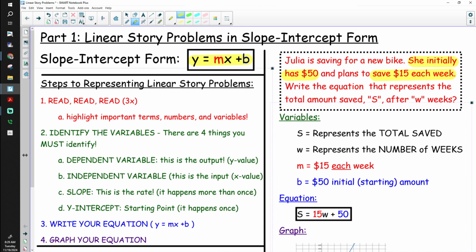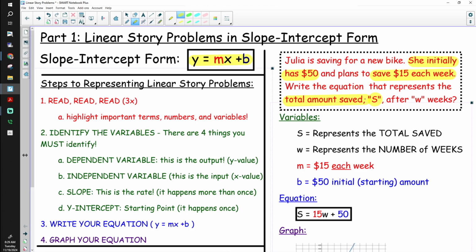Now there's two more important things in here. Write the equation that represents the total amount saved, S. S is one of the variables we need to use in our equation. S stands for the total amount saved.